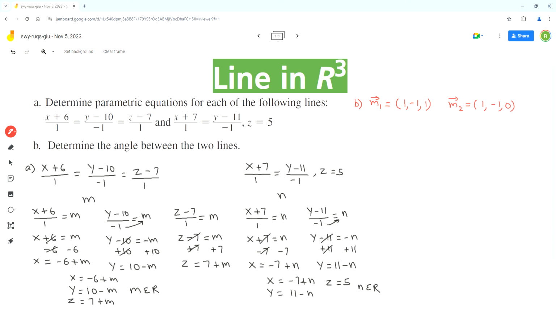So we get 1 and -1 from the denominators of the x and y parts of the symmetric equation, and the z component of the direction vector is 0 because the z part of the equation is not written in symmetric form. Now we can find the angle between these two direction vectors, and for that we should use the dot product equation.